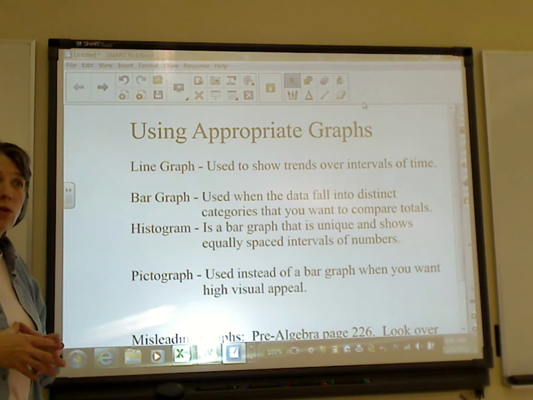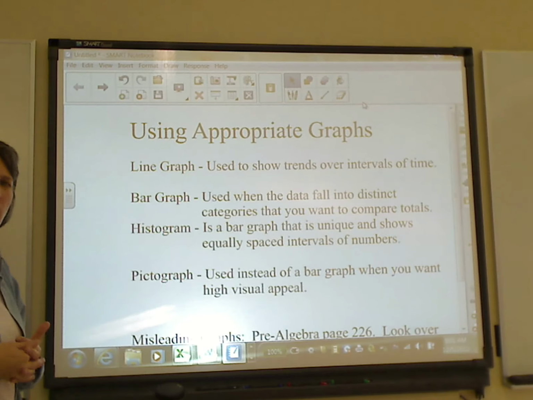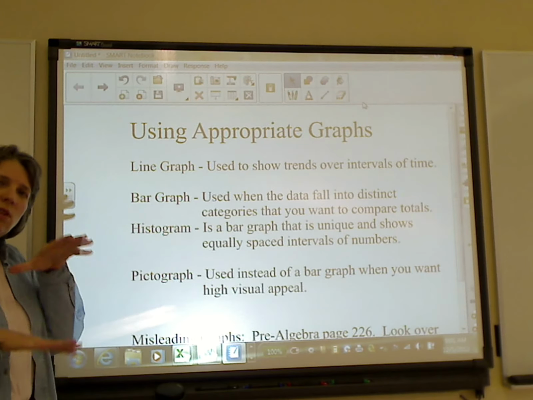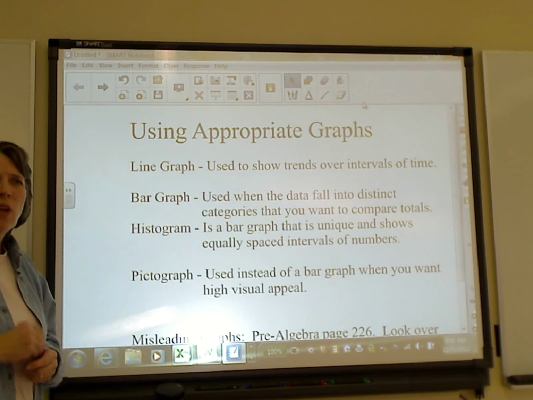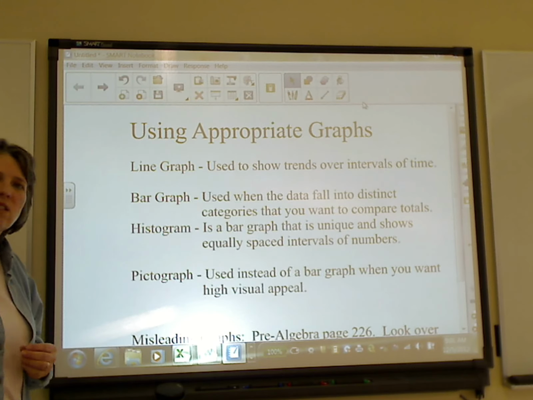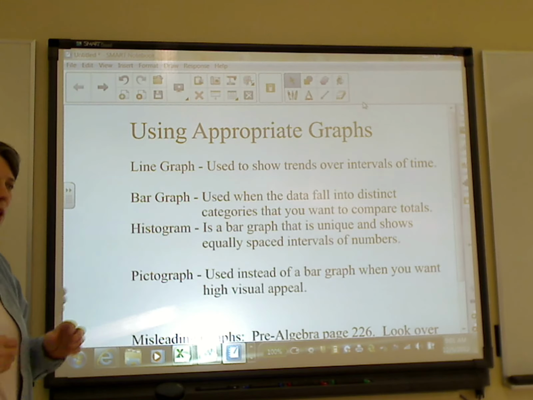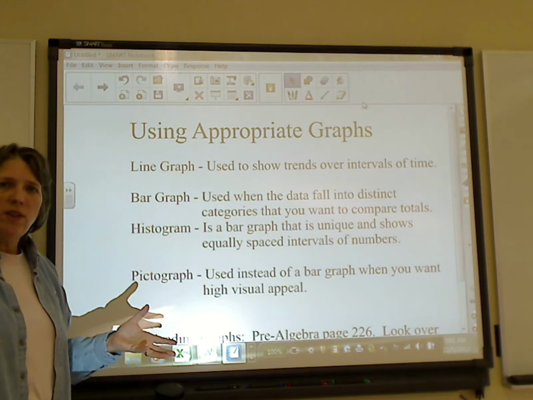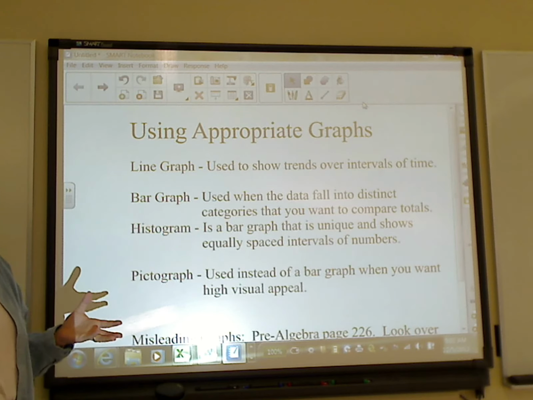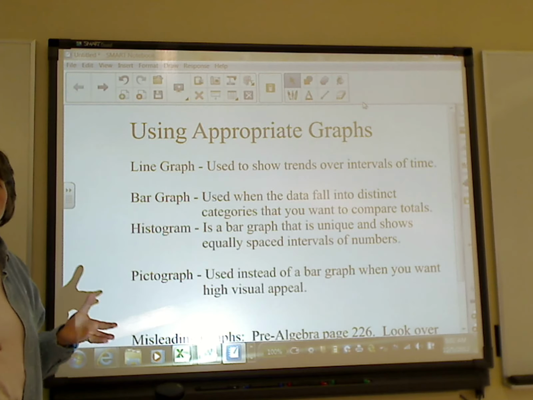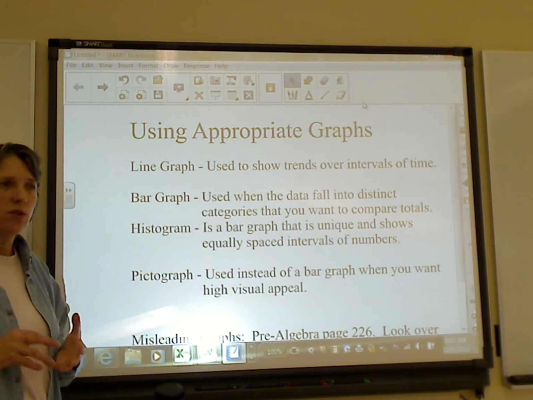You might want to use that when you're collecting survey data and you have different ranges of numbers. In the book it gives you taxes on gasoline as one example, where you're doing all 50 states and you want to see the tax on a gallon of gas for each state, because that varies across the country.